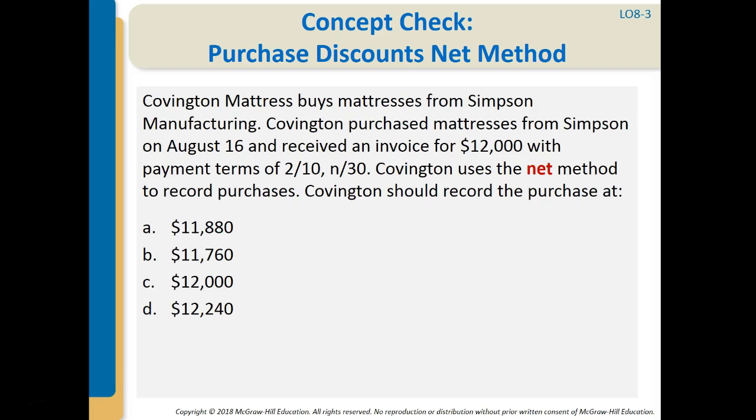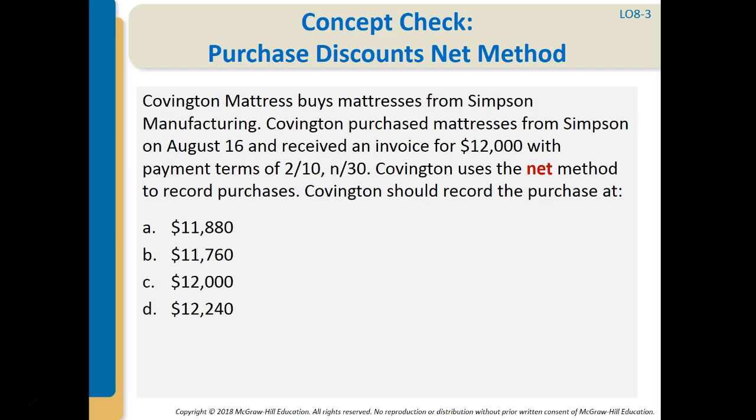So Covington Mattress buys mattresses from Simpson Manufacturing. Covington purchased mattresses from Simpson on August 16th and received an invoice for $12,000 with payment terms of 2/10, net 30. Covington uses the net method to record purchases.